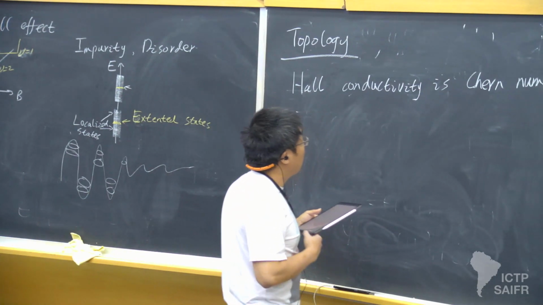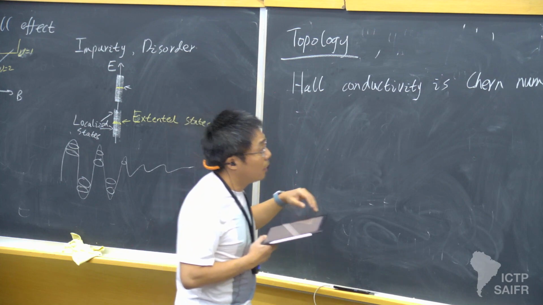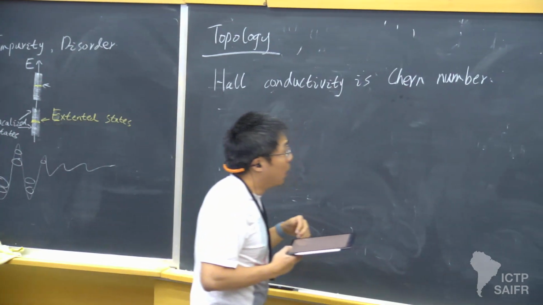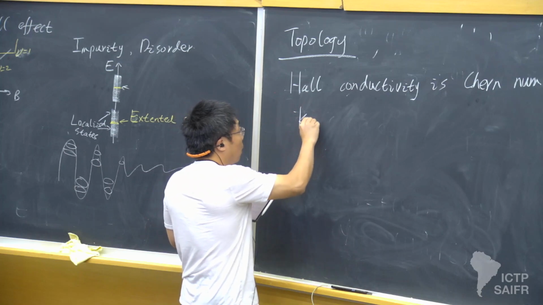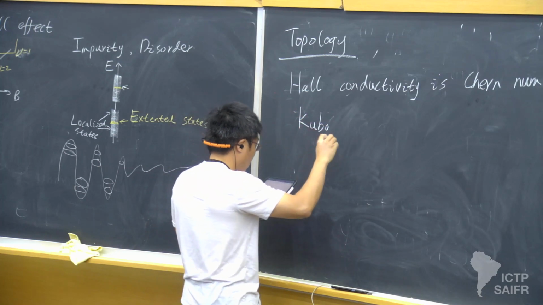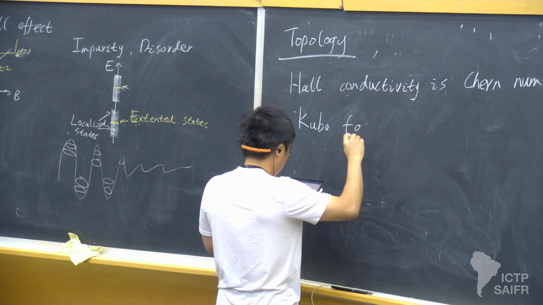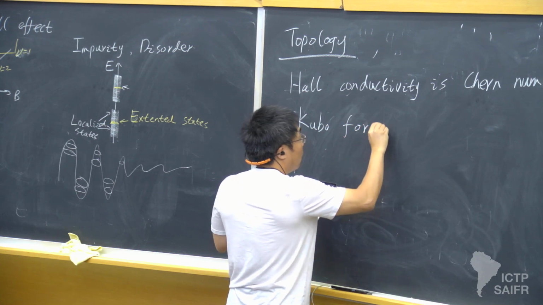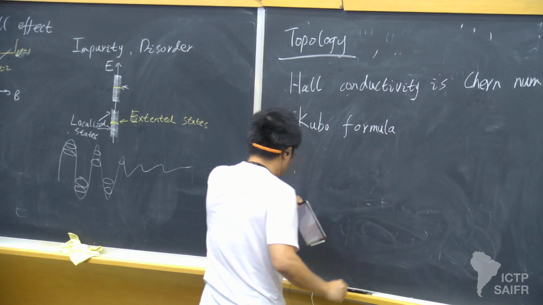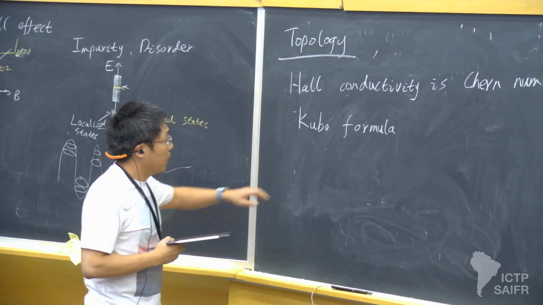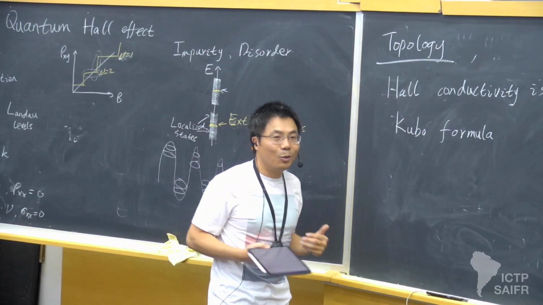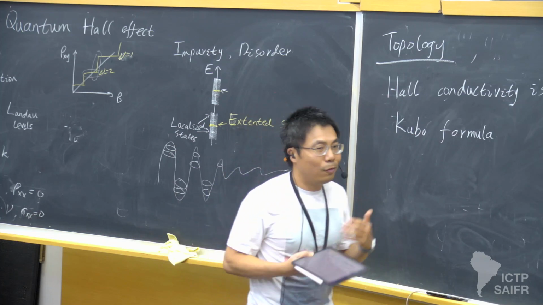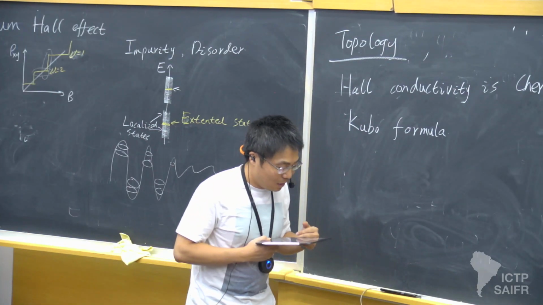To relate the conductivity with the Chern number, you need to make use of the so-called Kubo formula. In this lecture, I don't think I have time to explain what this Kubo formula is and how to use it to compute the conductivity.